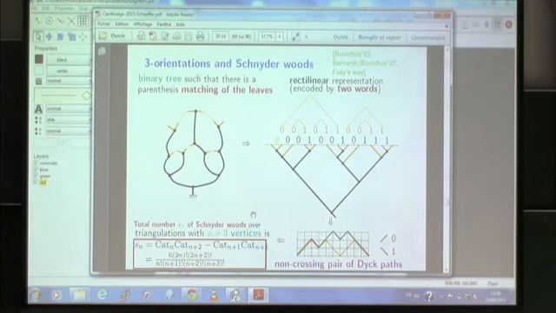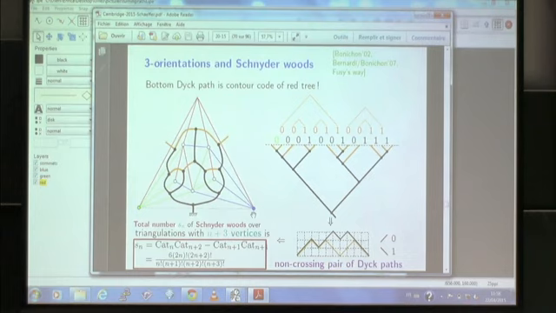So what I'm saying is that if I come back to what I started with, the total number of all the Schnyder structures on all the triangulations of size n is given by a nice explicit formula, and we can actually construct it because this is something we understand pretty well. And also there is even further information, which is that the bottom Dyck path is just the encoding of one of the three trees.